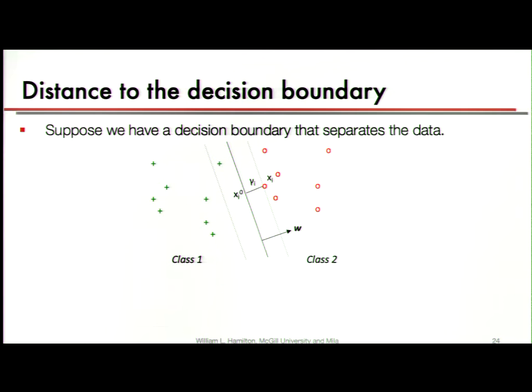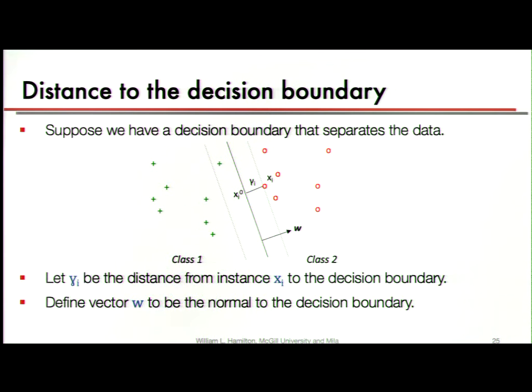Again, we're classifying points by taking the dot product with this parameter vector, and what that means is that implicitly our parameter vector is specifying the normal to our decision boundary. Now we're going to let gamma_i be the distance from a training instance x_i to the decision boundary. And again, our W is the normal to this.